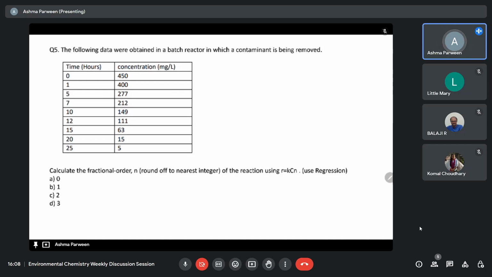We have been given the time along with the concentration of the reactant, and we have to find out the fractional order, rounded off to the nearest integer, for the reaction rate expression R equals K C raised to the power N. So we have to use regression.